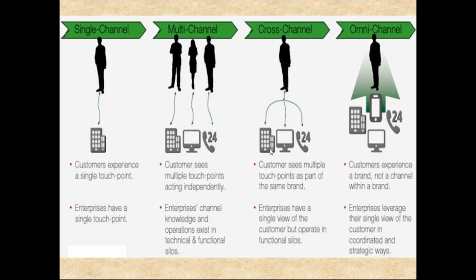In cross-channel, the customer sees multiple points as part of the same brand. I think you can correlate with the examples I have given. The final one is omni-channel or omni-commerce or the modern approach. The customer experiences a brand, not a channel within a brand. So they do all the dynamic, agile behavior, all these things. That's called omni-commerce or omni-channel.